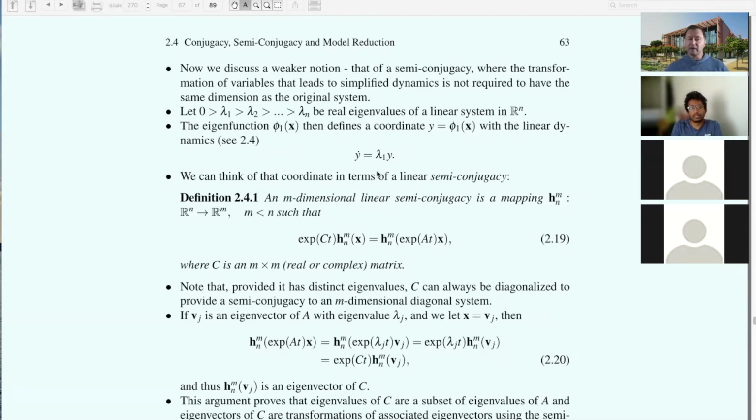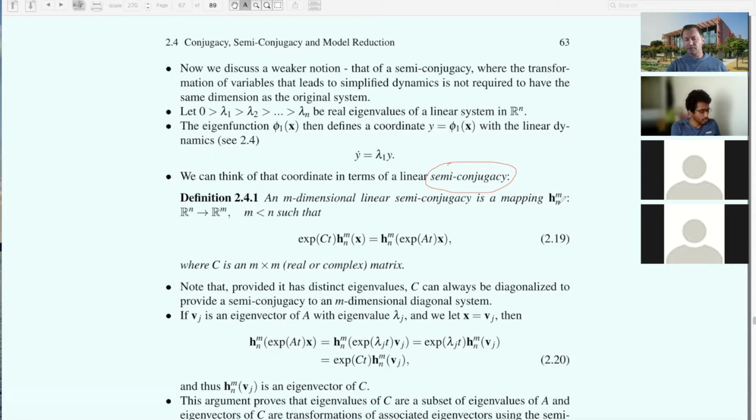Remember, the original system might have been x dot is equal to Ax, where A is some full matrix. And if you find an eigenfunction, you have now transformed it into a linear one-dimensional system. So this can be thought of in terms of what we call a linear semi-conjugacy. An m-dimensional linear semi-conjugacy is a mapping H_mn.